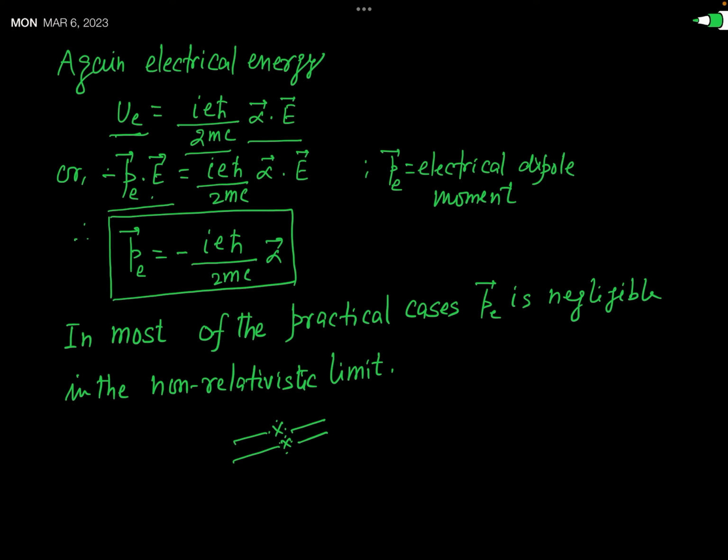So comparing this, you can see that in place of E there is already E. So the electrical dipole moment of the Dirac particle is PE equal to minus i eh bar over 2mc times alpha. Okay.